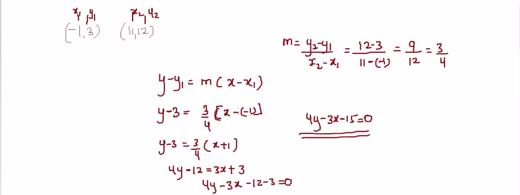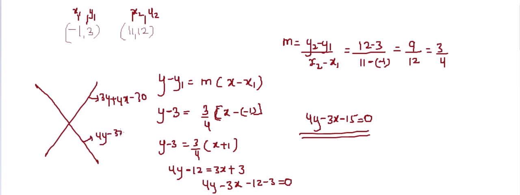This next part says that the line L2 has equation 3y plus 4x minus 30 equals 0. Find the coordinates of the point of intersection of L1 and L2. So basically there is another line, 3y plus 4x minus 30, and the one that we have calculated is 4y minus 3x minus 15 equals 0, and we need to find the intersection.